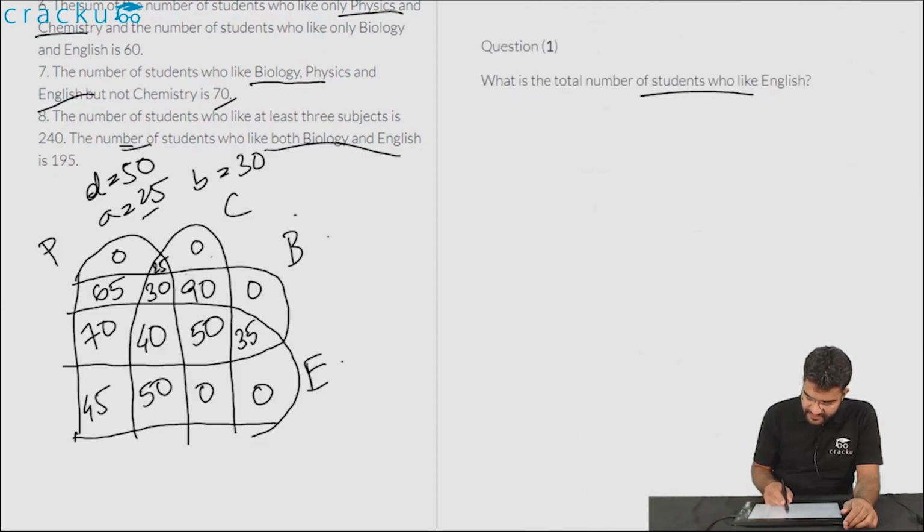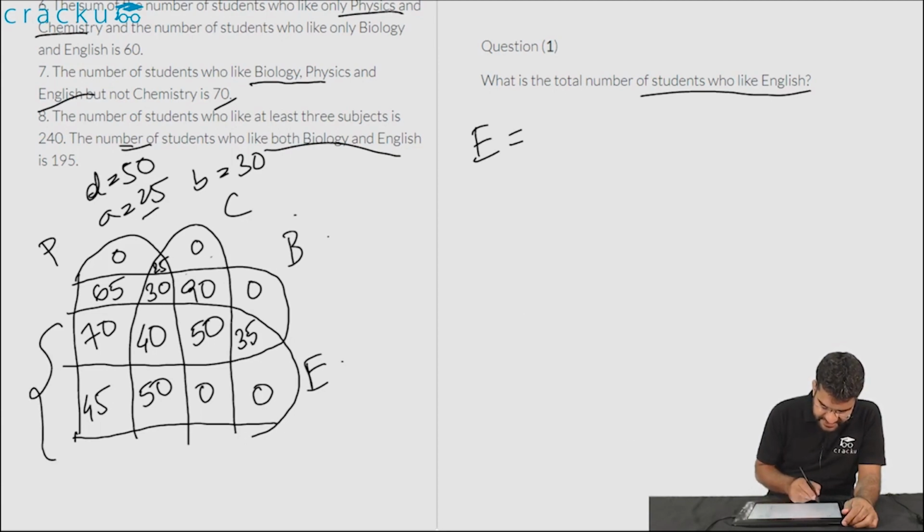What is the total number of students who like English? The total number of students who like English will equal the sum of all the elements in this region.